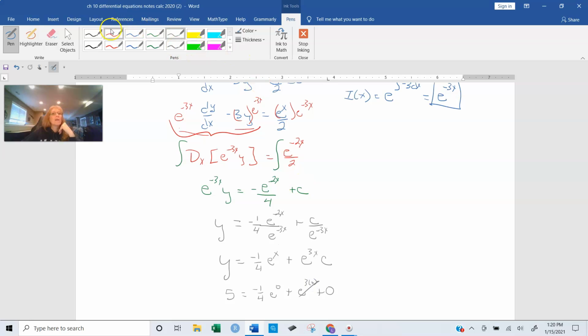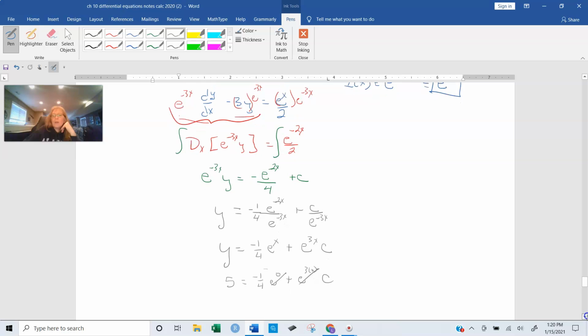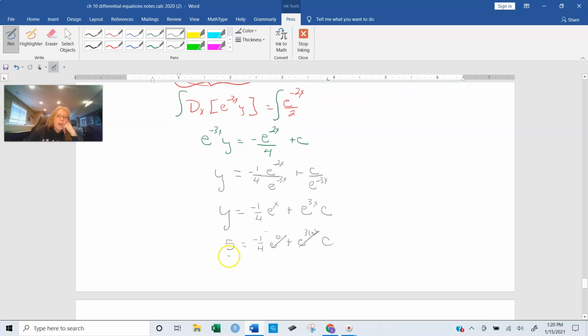Oops, that was times c, I'm sorry. I wrote it wrong. I was thinking too far ahead. Okay, anything to the 0 power is 1, so that's there and there. Now I just have to add the 1/4. Well, 5 plus 1/4 is 20/4 plus 1/4, so we get 21/4. And this is equal to c.